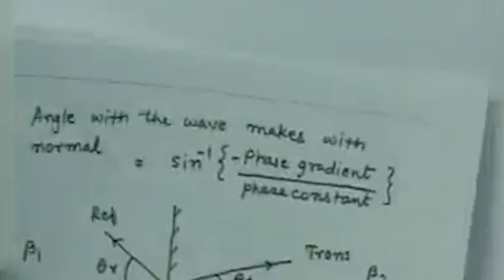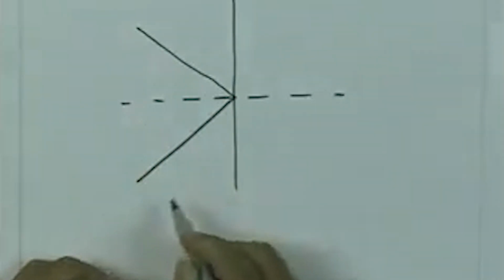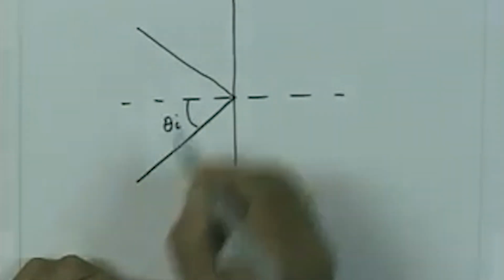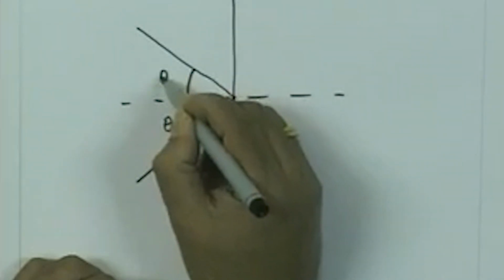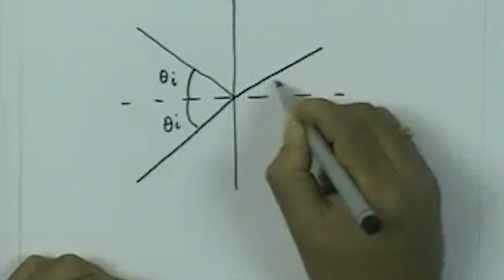So, let us say we now have a wave which will have electric and magnetic fields. The problem we want to investigate is that there is a wave incident on this interface. We know it is going to get reflected at the same angle, and this angle is theta I, because theta r is equal to theta I, and this angle is theta t.